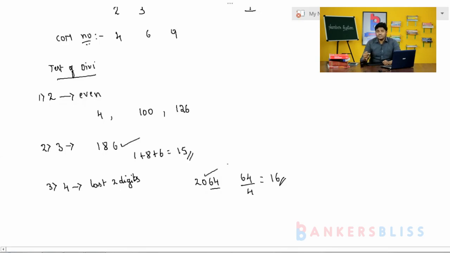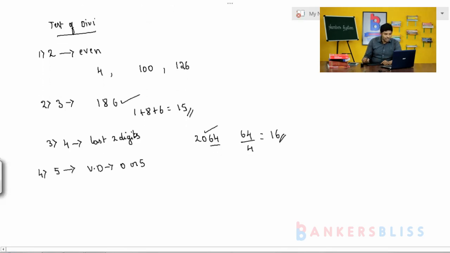So if you want to check whether the number is divisible by 4 or not, you have to consider the last 2 digits of the given number. If the last 2 digits of the given number are divisible by 4, then obviously the given number is divisible by 4. Next, test of divisibility for 5.